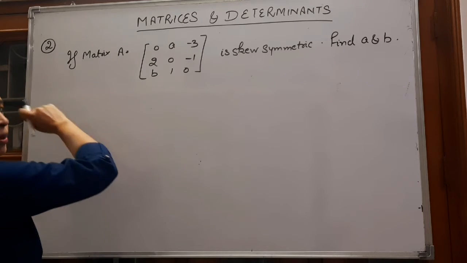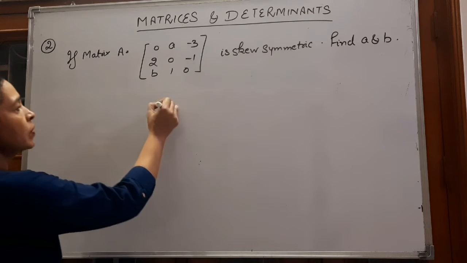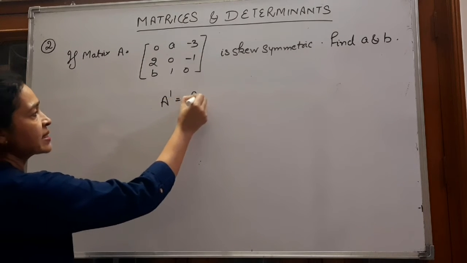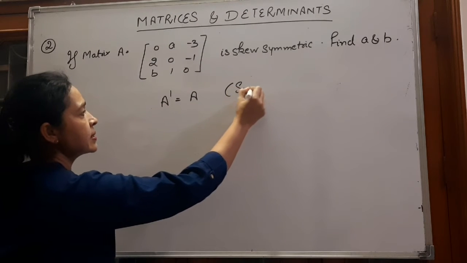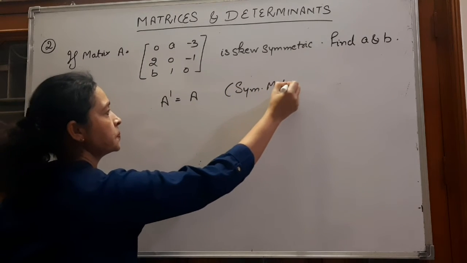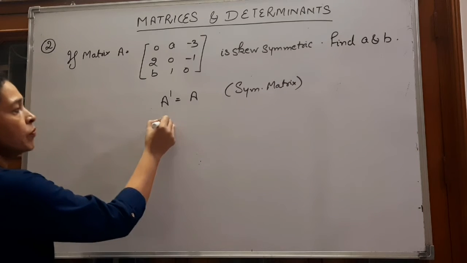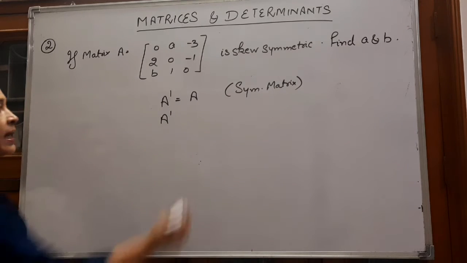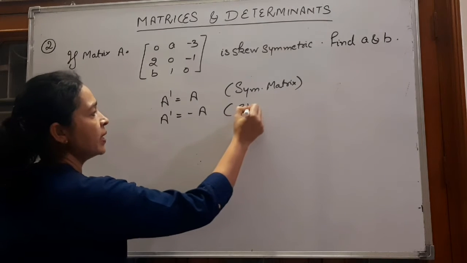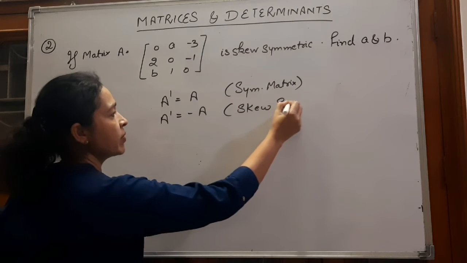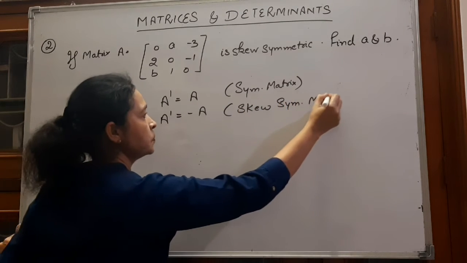What is a skew symmetric matrix? If transpose of matrix A is equal to A, the matrix is a symmetric matrix. And if transpose of matrix A is equal to minus A, the matrix will be a skew symmetric matrix.